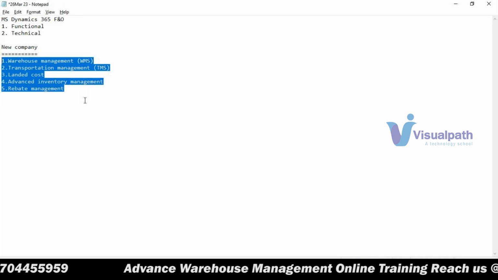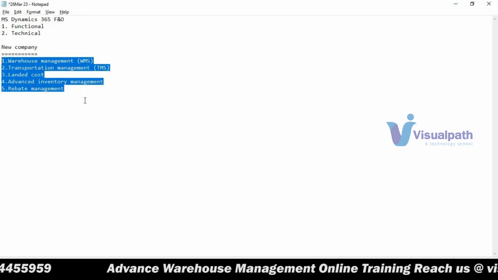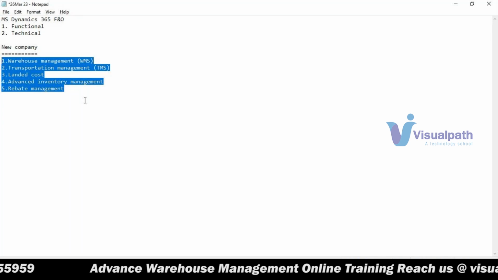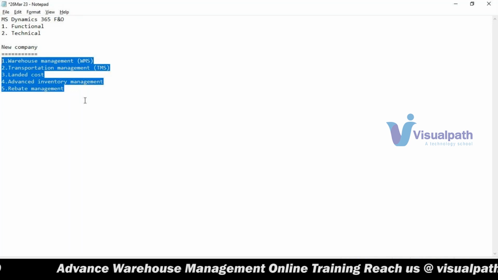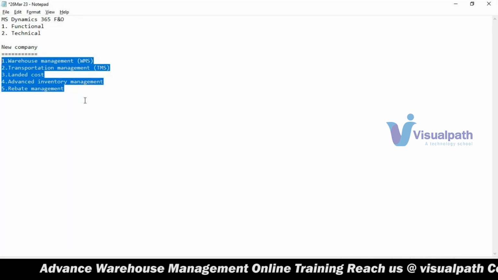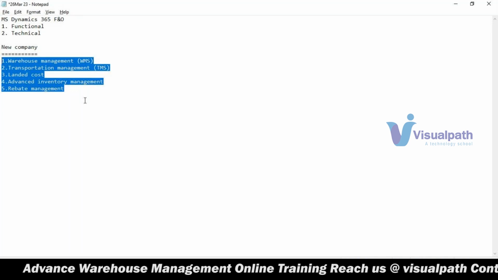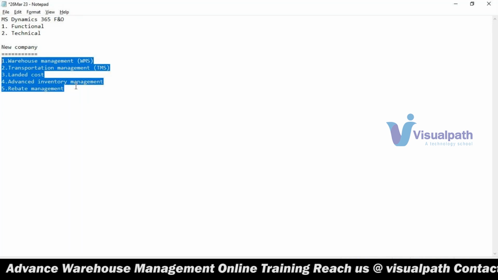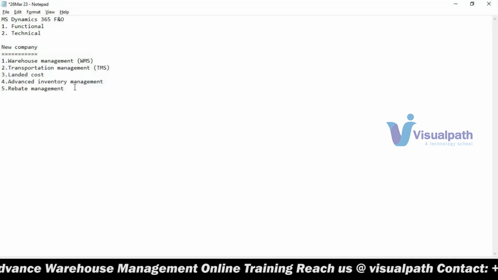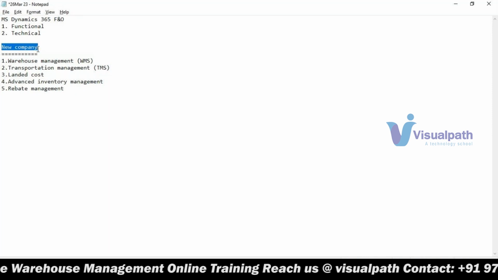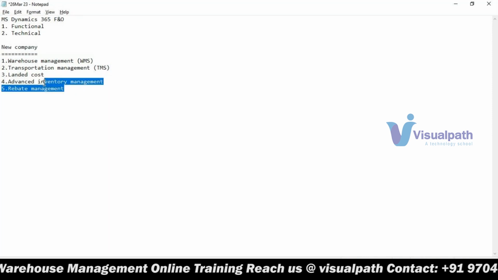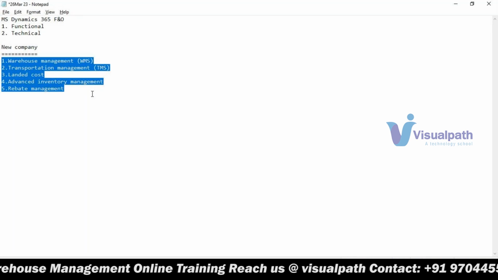In the landed cost module, you will find cost code types, auto cost, journey template, legs, hubs. There are so many things you are going to learn. Whenever you are learning, first you need to create a new company, do the minimum setups, and then work in the new company.